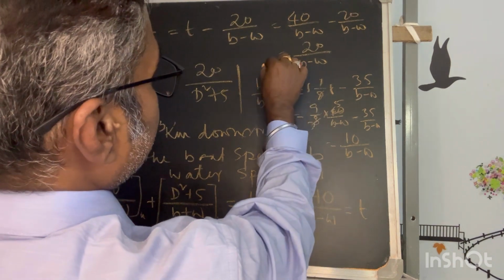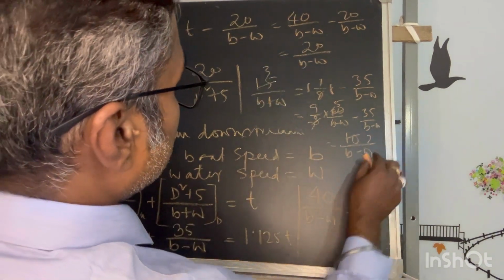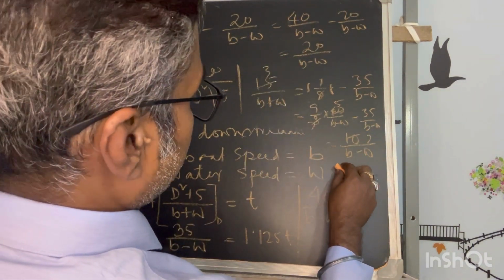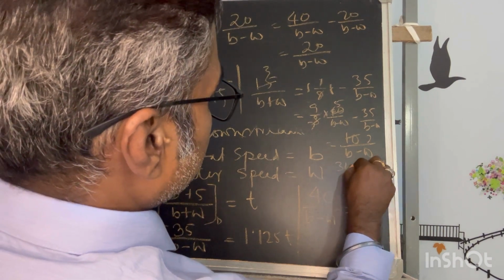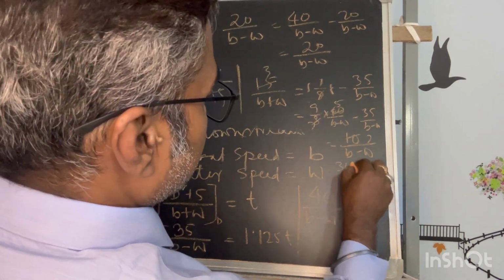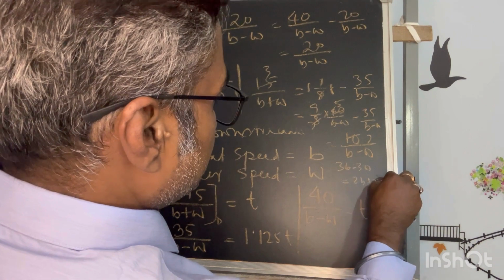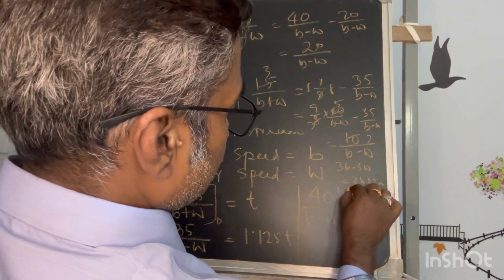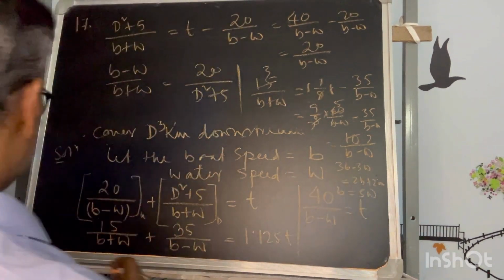So from here 3b minus 3w is equal to 2b plus 2w. So that means b is equal to 5w. So that can be established.